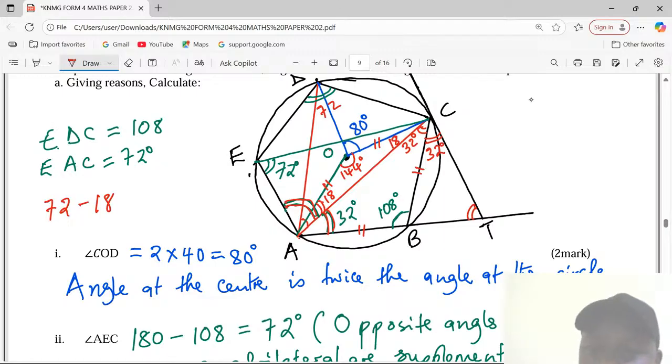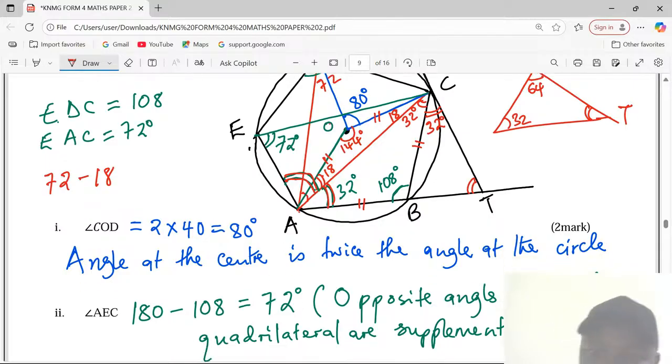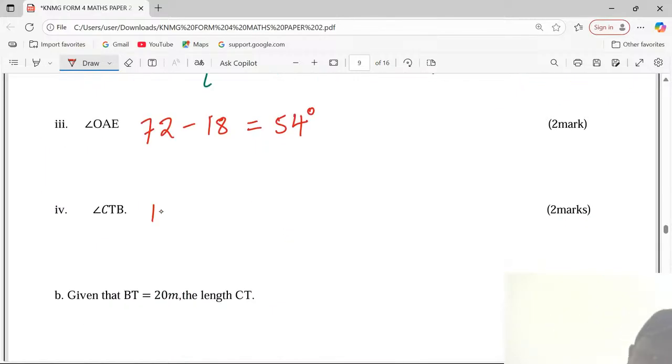So now we are having a triangle, and the angle we want is here at T. We need 180 minus 32 and 64. We compute 180 minus 32 plus 64. This gives us 84 degrees.